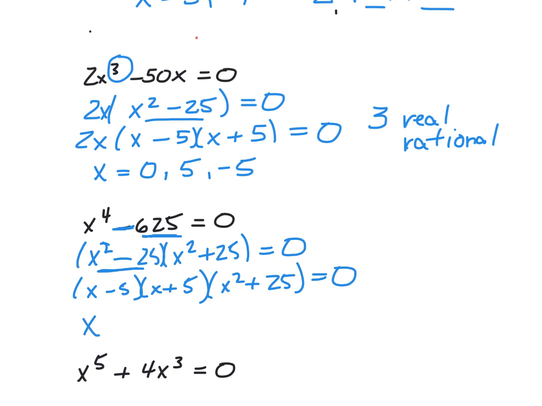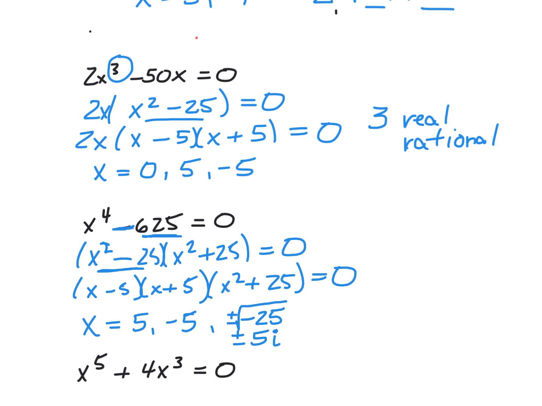Solutions would then be positive 5, negative 5, and now what makes this equal 0? It'd be a negative 25, and since it's x squared, it'd be a positive and negative square root of negative 25, which would be a positive and negative 5i.